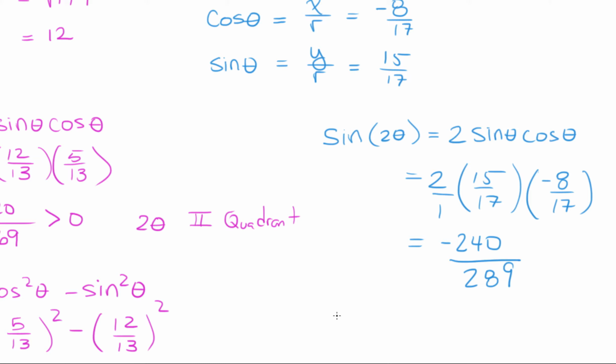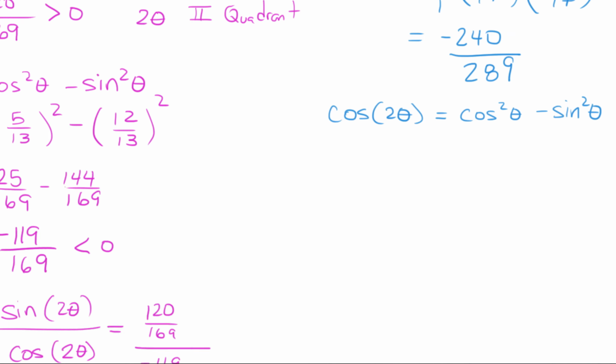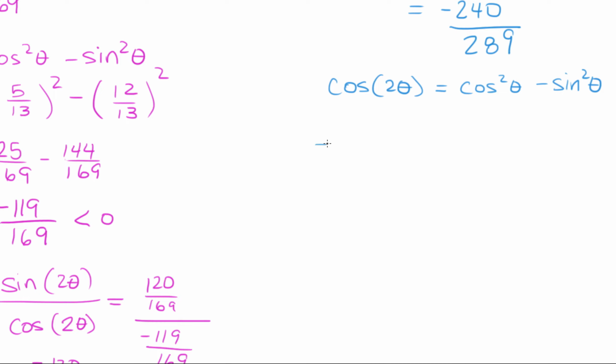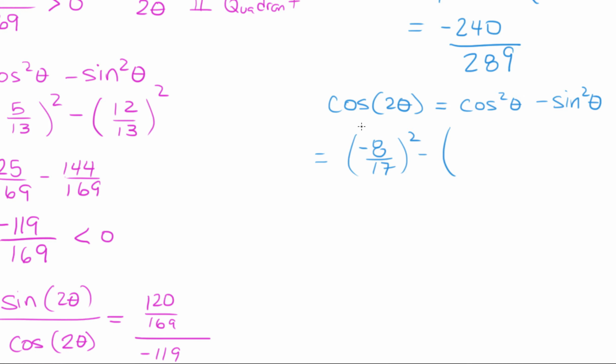Let's do the same thing for cosine. So cosine of 2 theta is cosine squared theta minus sine squared theta. Cosine is negative 8 over 17, so this is negative 8 over 17 squared minus, well, what's sine squared? Sine is 15 over 17.